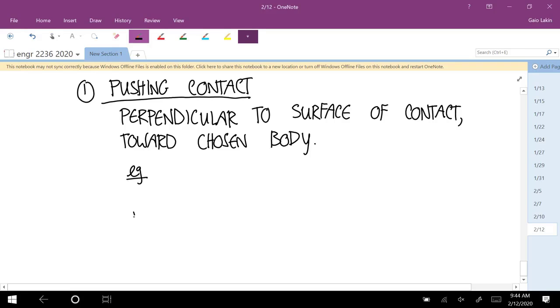So for example, if you have these two carts in contact with each other, let's say there's 500 newtons applied this way.